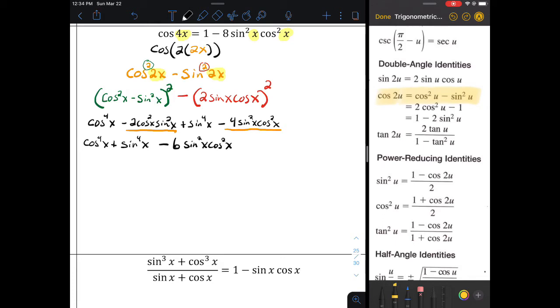All right, so at least we got a term that I needed. I just need to have 8 of them instead of 6 of them. And then I have to think about, well, how in the world do I proceed from here?